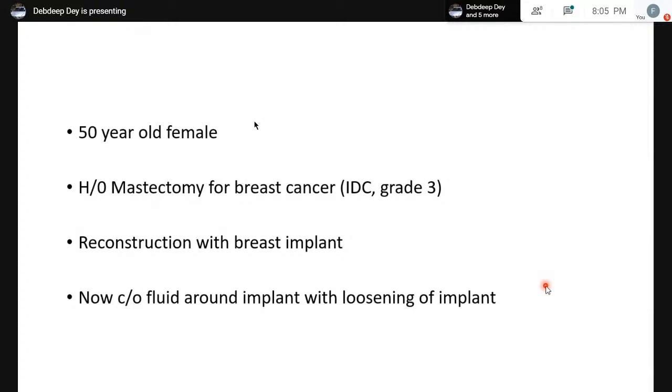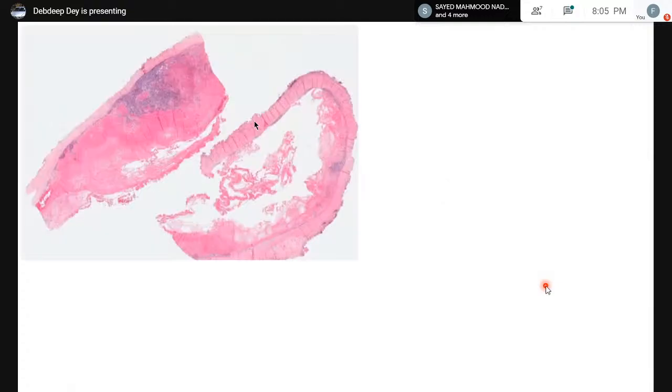Now, again, if you don't know this entity, you would be quickly passing your slides without even thinking that there's an entity like this, and there's a possibility of a lymphoma here. So this is the capsule surrounding the implant.